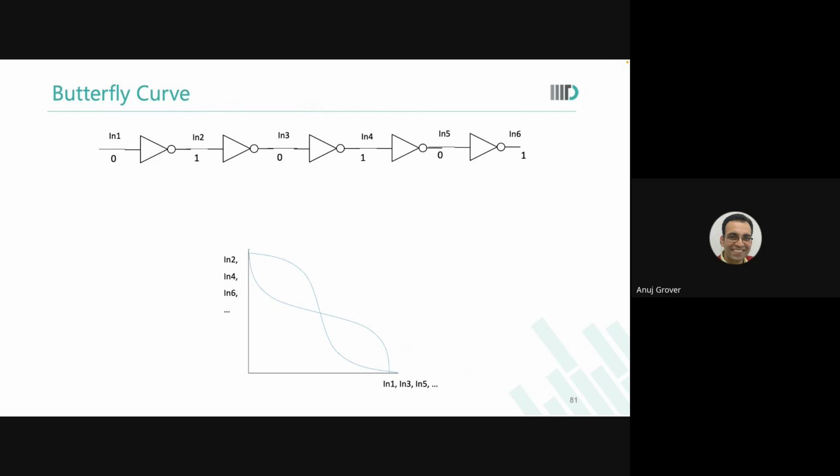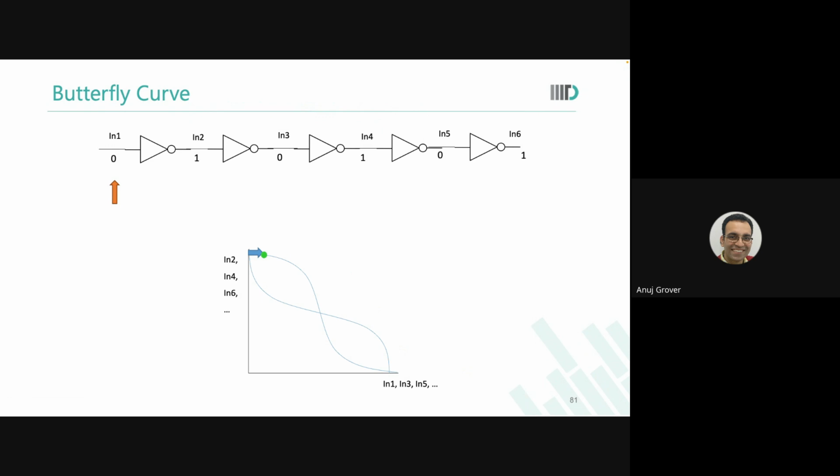It's not going to change because it's finally the same latch that I had opened up. So it's going to remain the same. But what I've done is I've put inverters 2, 4, 6 on one axis because they represent the same node, and the other ones on the other axis: inverters 1 and 3, 5 on the other axis because they represent the same node. And now we give some noise.